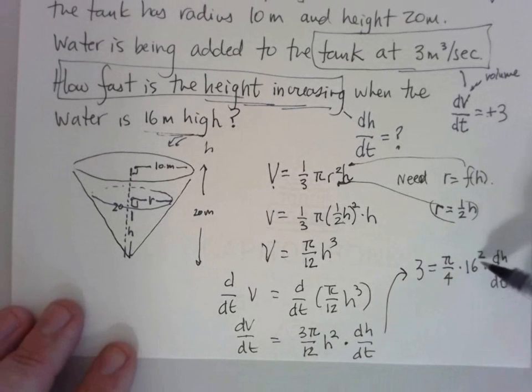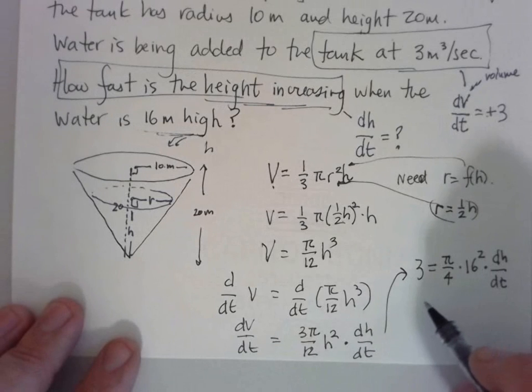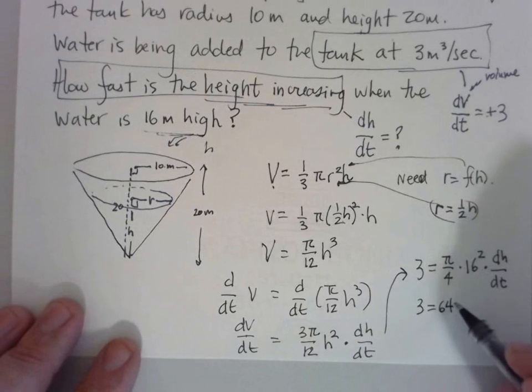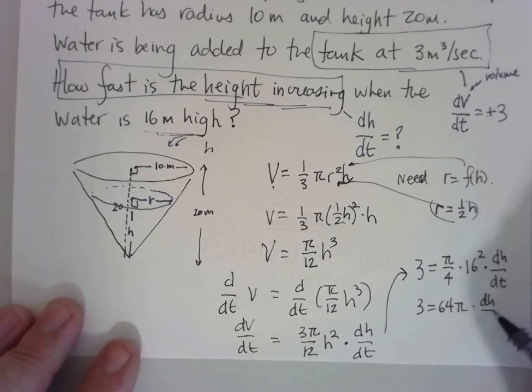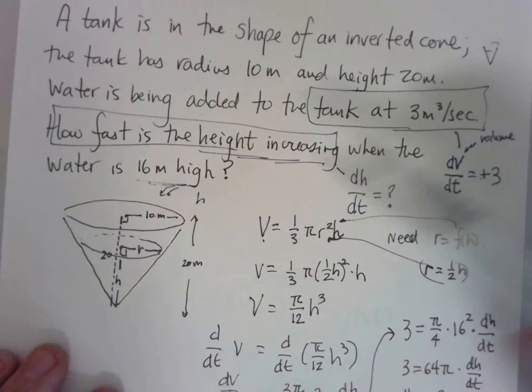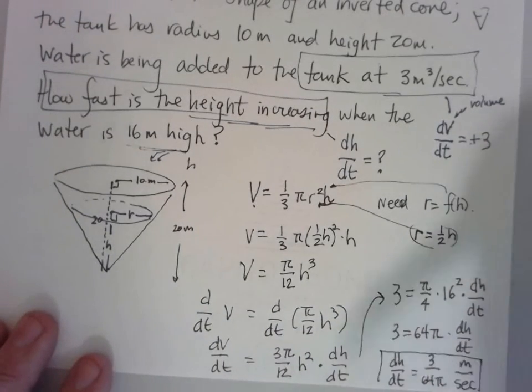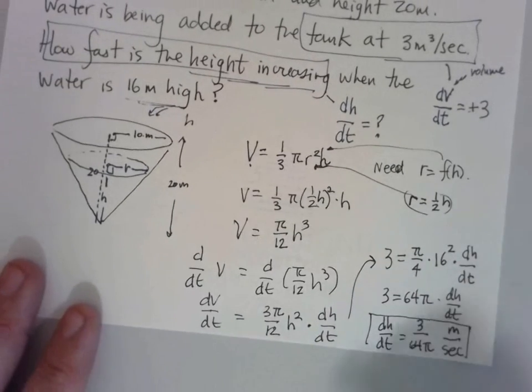And so I have to work out what this is. So I'll get out my calculator. 256 over 4 is 64. Then I divide by 64 pi, and finally I get dH/dt is 3 over 64 pi, and this is meters per second. And I know that's meters because height's in meters, and I know it's seconds because dV/dt was cubic meters per second. So the height's increasing pretty slowly at that point.